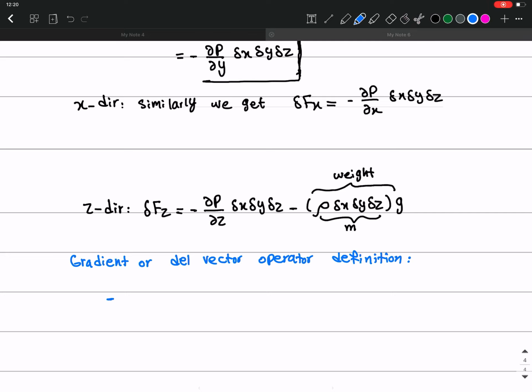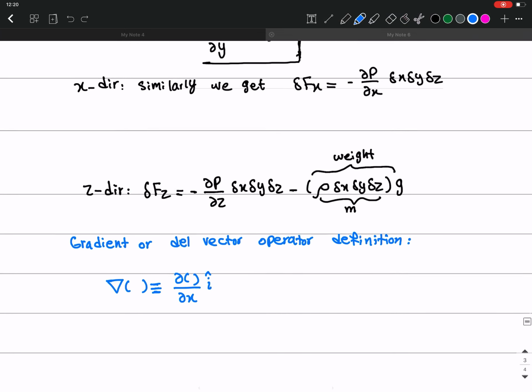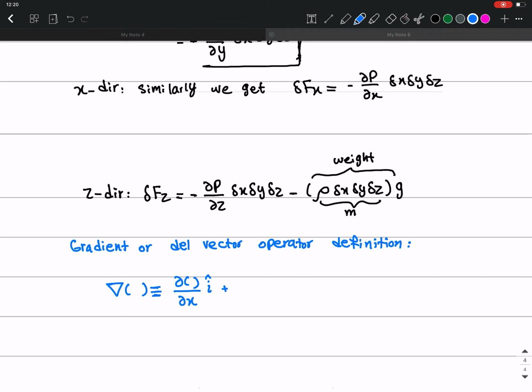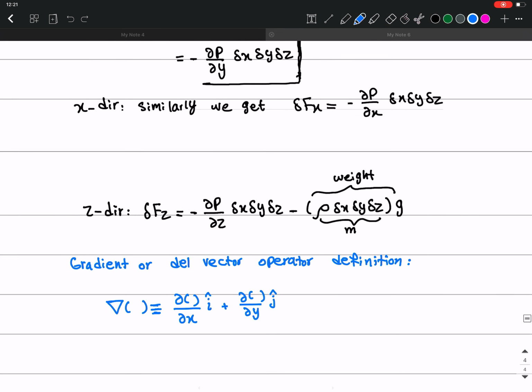The gradient of any variable is defined as the partial derivative of that variable with respect to x times the unit vector in the i direction, plus the partial derivative of that variable with respect to y times the unit vector in the j direction, plus the partial derivative of that variable with respect to z in the k direction.